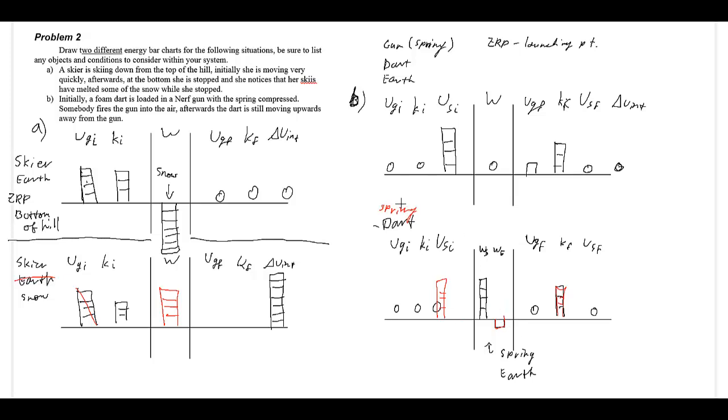You could have the Earth in the system but not the spring, and then you would have the Earth and the dart, which means that you would have no gravitational potential energy to start, obviously, but you would have gravitational potential energy to finish up with, and you would have the spring doing this much work.